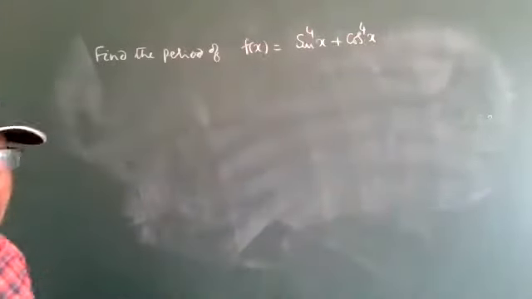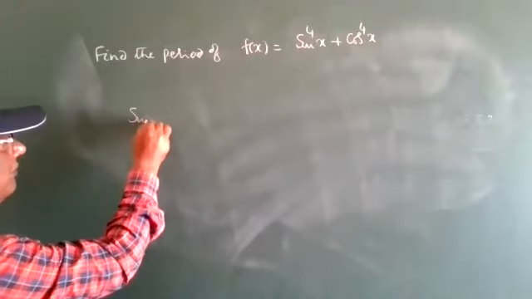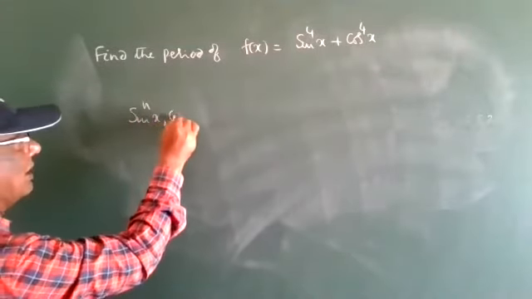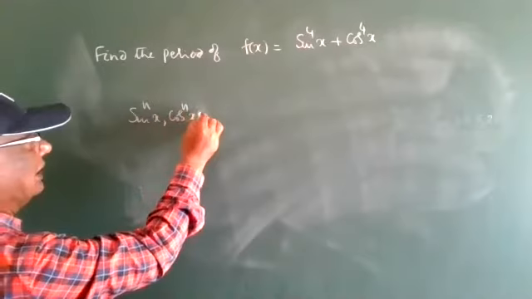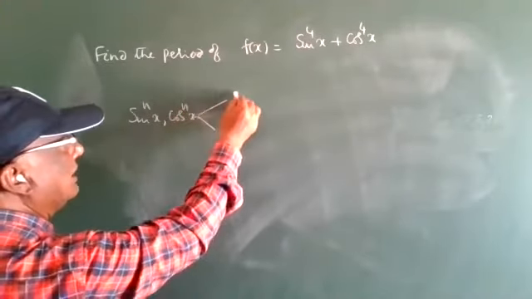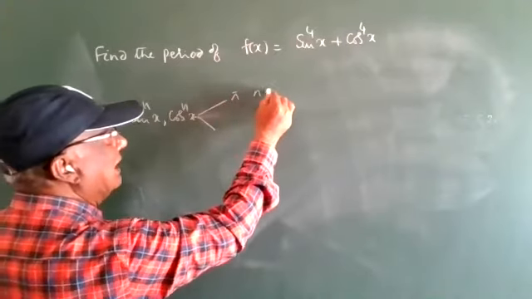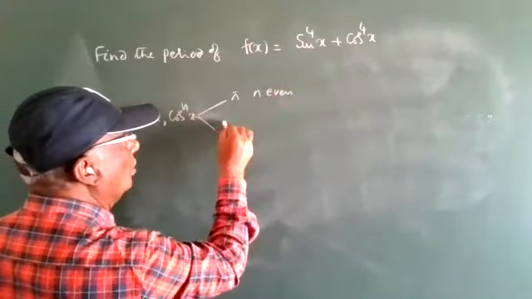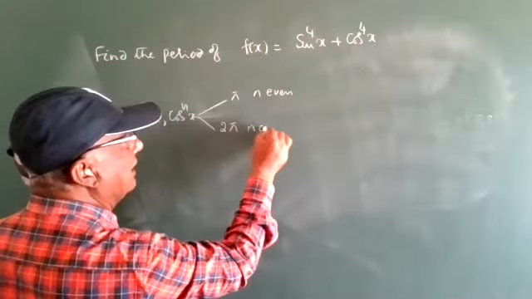Already I will tell the point: sine power of n x and cos power of n x have two types of periods. One is pi if n is even, and 2 pi if n is odd.